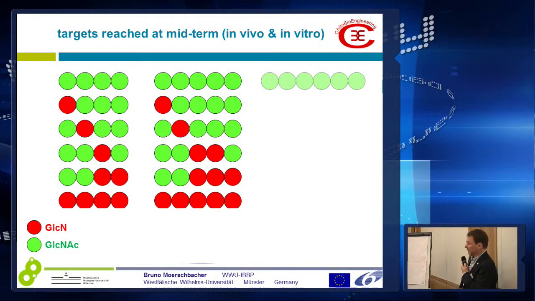This was in a way our surprise, of course, it is what we had hoped for, that chitin deacetylases would generate different patterns, and so far it is true that almost every chitin deacetylase we try successfully will give us a different pattern of acetylation compared to the previous ones. So this was at the time of midterm.